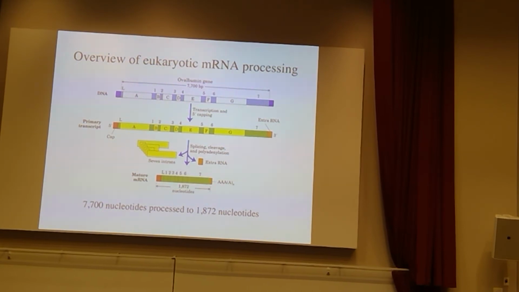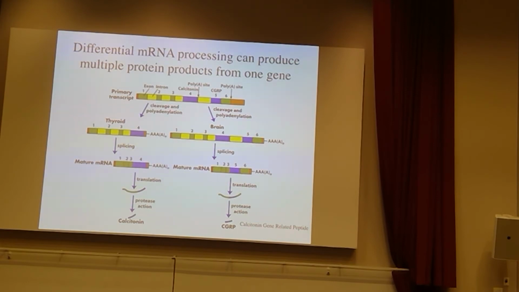So the question then becomes, how do we get a bunch of different protein products when we don't have that many genes? A big part of the answer is that we can process these primary transcripts very differently to give rise to different mature mRNAs, which are going to encode for different proteins.